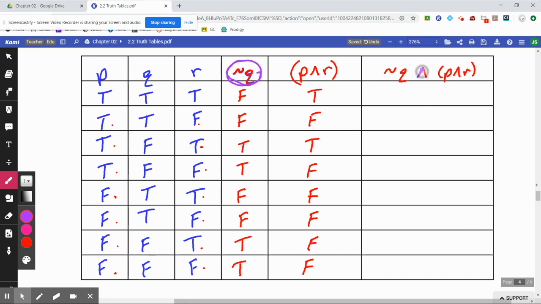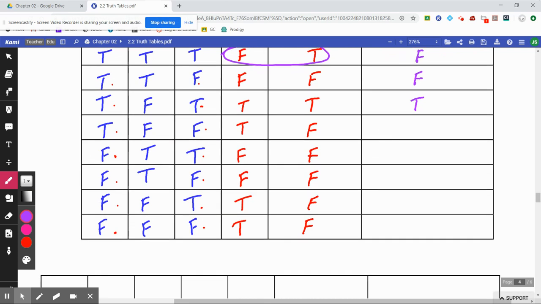We're going to and that column with this column. Since this is an and statement, in order for this to be true, not Q would have to be true and P and R would also have to be true. So we can compare these here. That'd be a false, true, because they're both true. And then I believe we're false the rest of the way down.